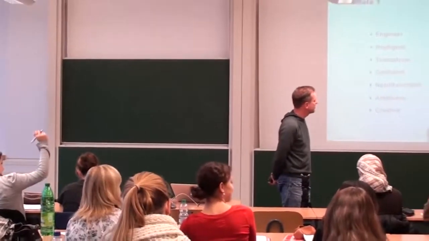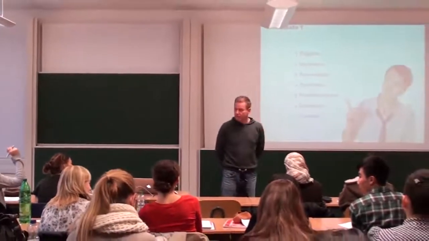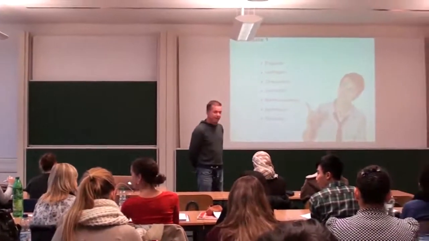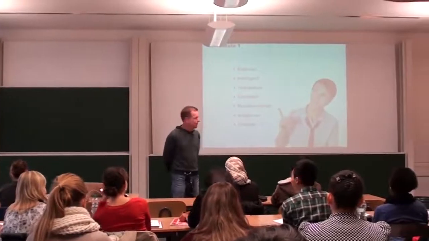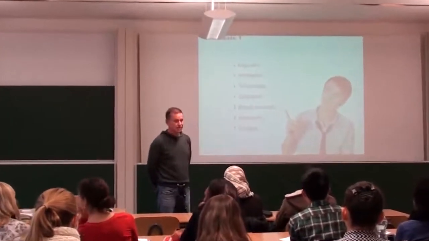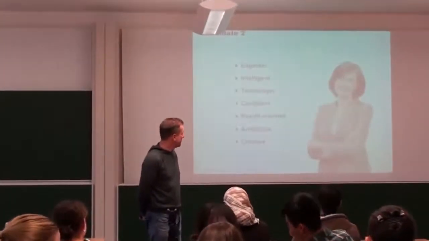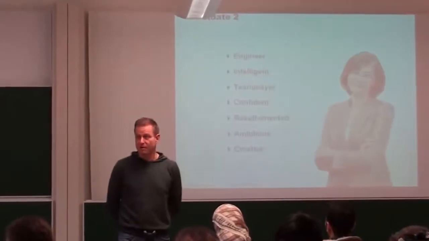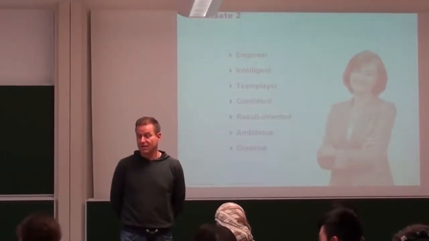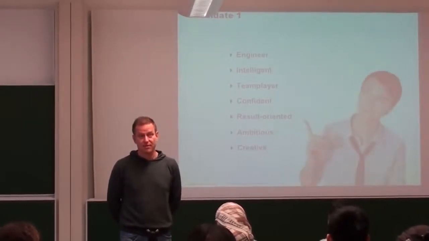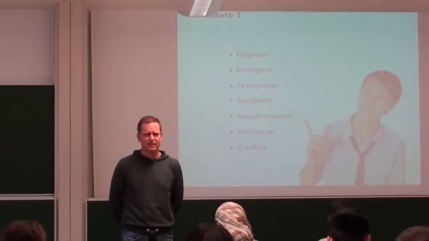But don't you think that the different attributes feel somehow different when I look at this person versus at this person? I mean, both are ambitious. She is ambitious, he is ambitious, but it feels different.